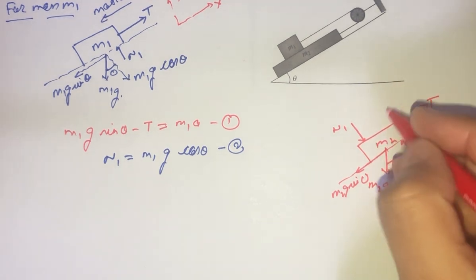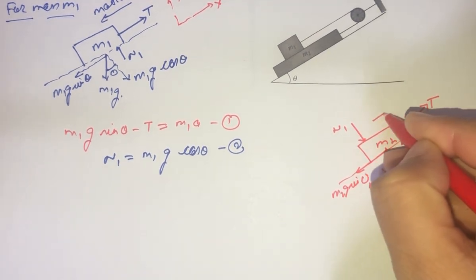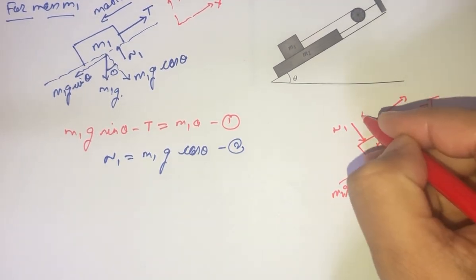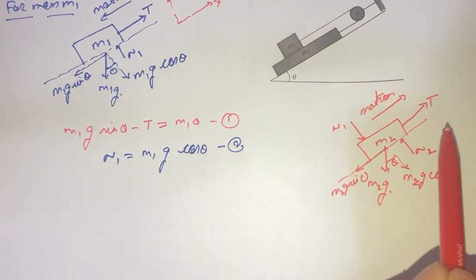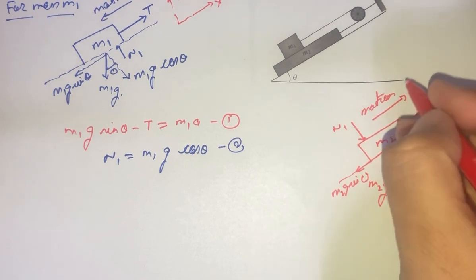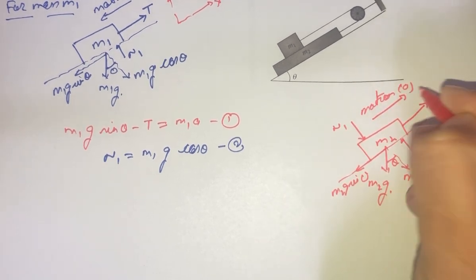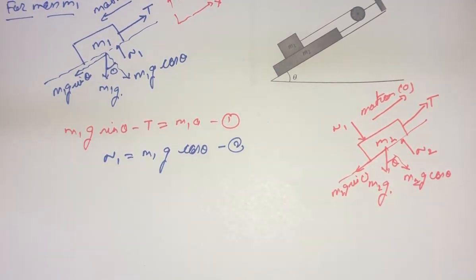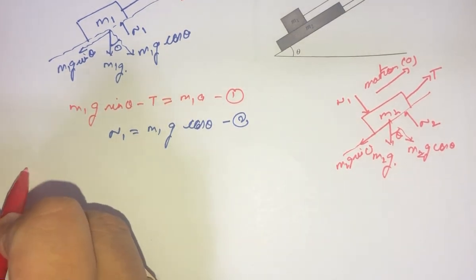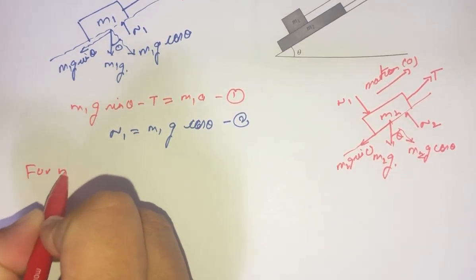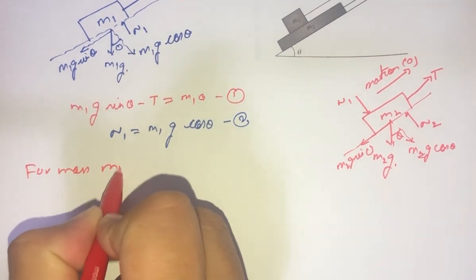There will be motion in the upward direction, and as m1 and m2 are connected by a single string, it is also going to have acceleration a. Similarly, we can write the equation for mass m2 as well.